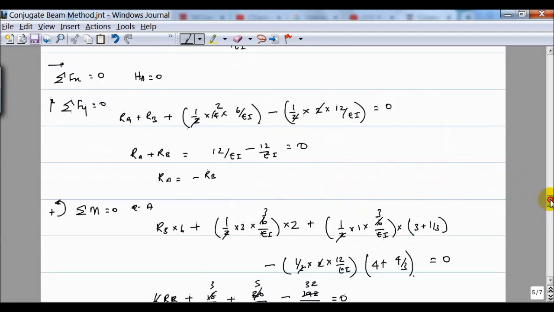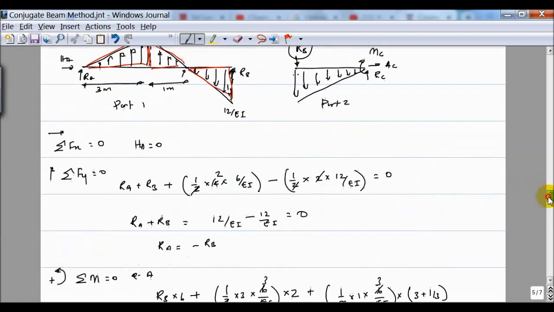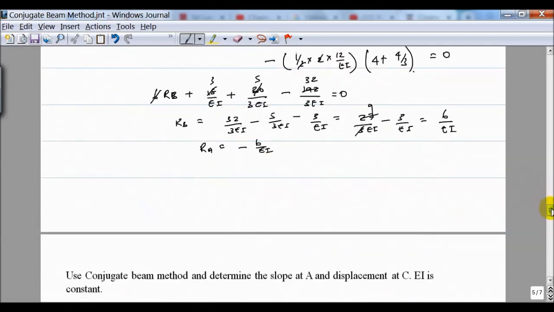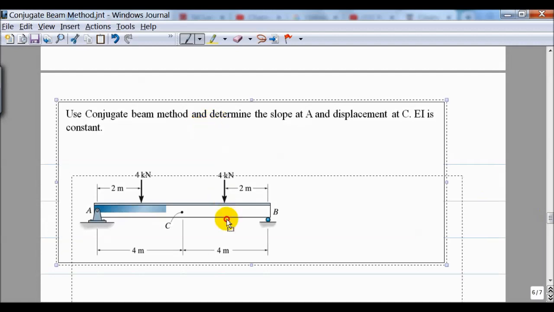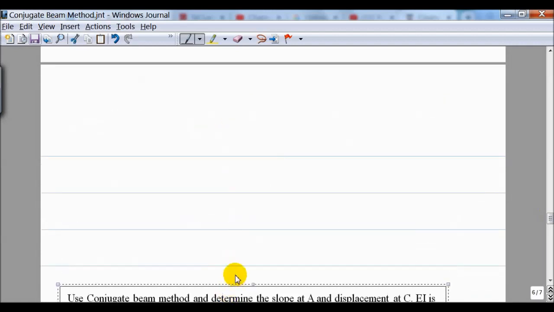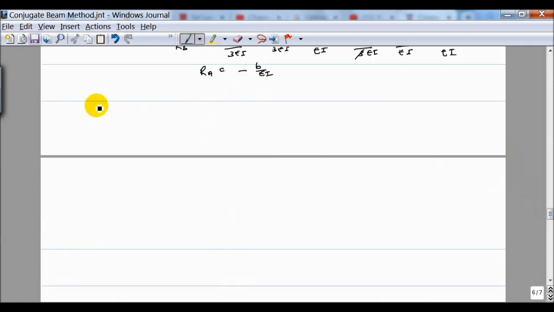Now I can bring this RB here to this one. I need to further move this second problem down to give some space to solve my first problem. So now here this is the beam and this is the load acting on it.